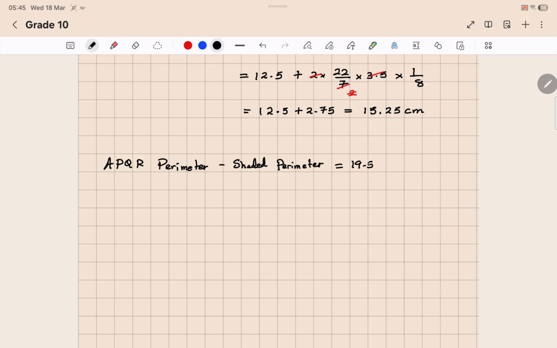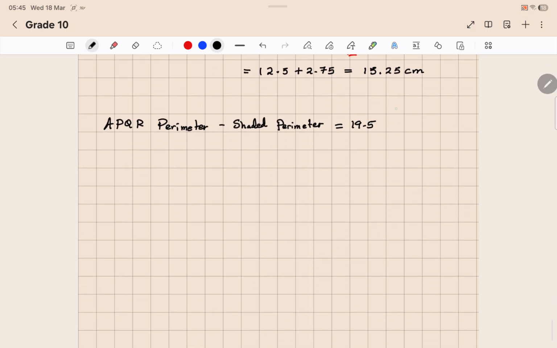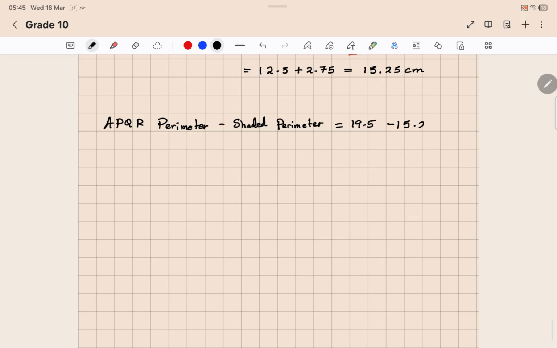So 19.5 minus 15.25. So 4.25 centimeters. APQR perimeter is 4.25 centimeters greater than the shaded region perimeter.